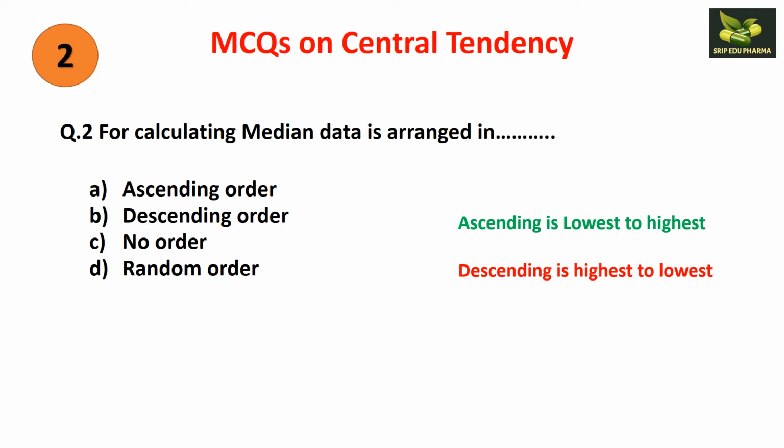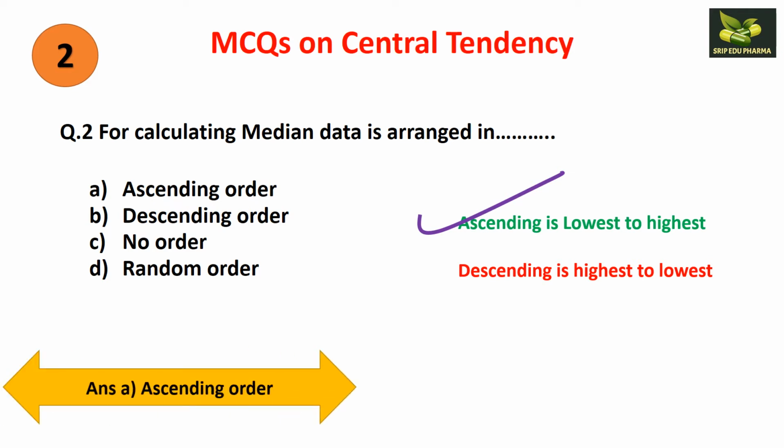If you have learned the topic, then in calculating median we arrange the data from lowest to highest values. It means the answer will be ascending order, that is A.